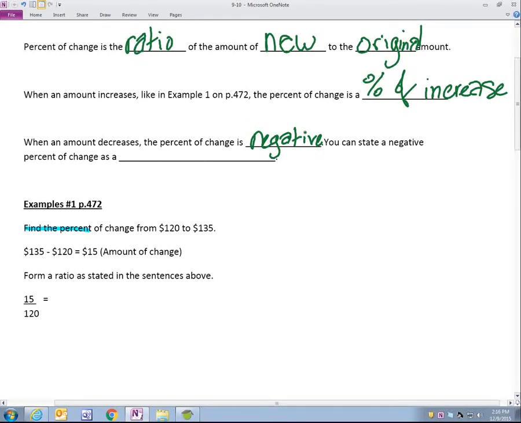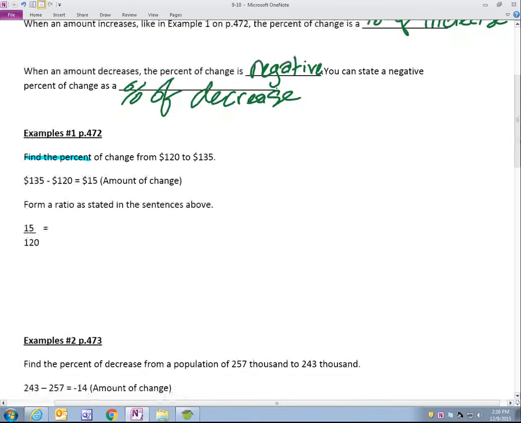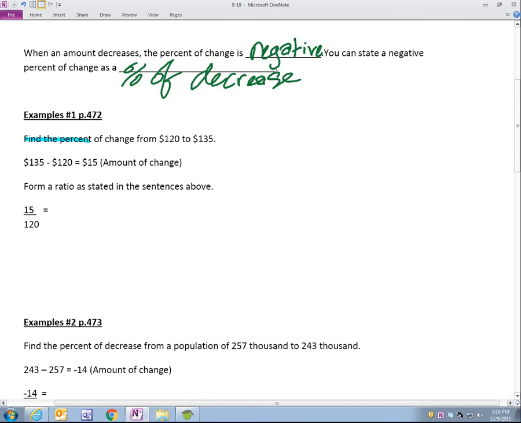It's a negative number, and you can state a negative change as a percent of decrease. I want you to be able to read it.